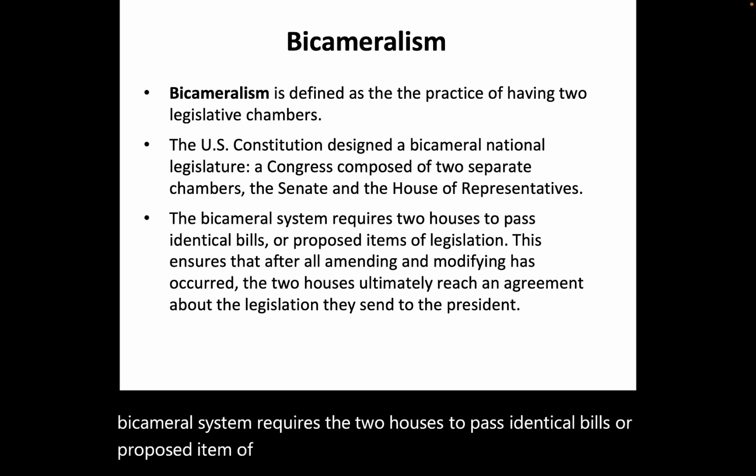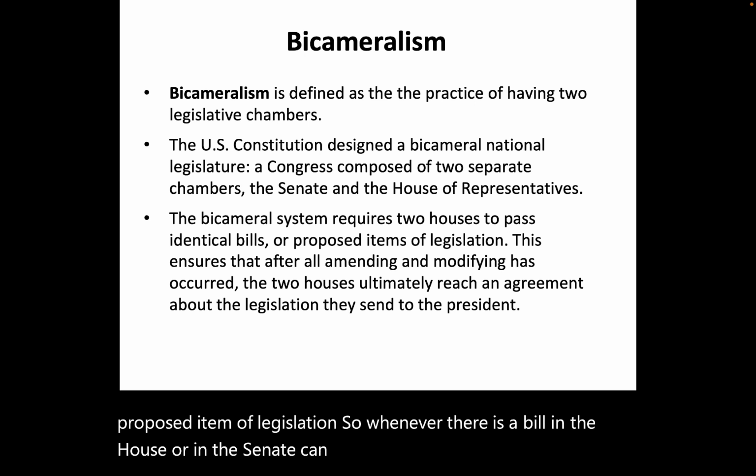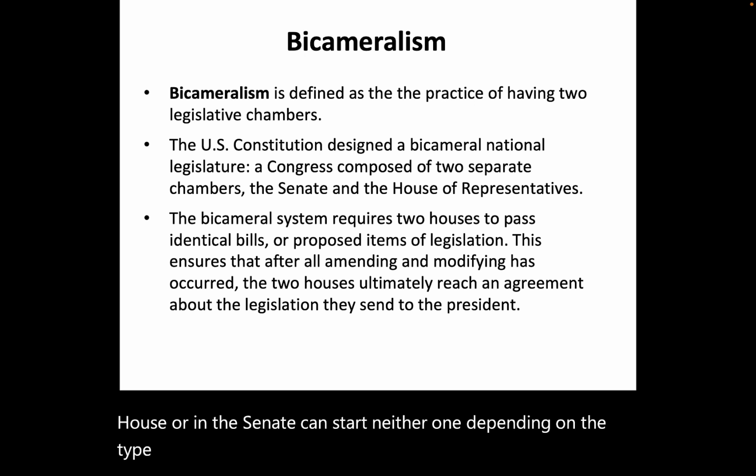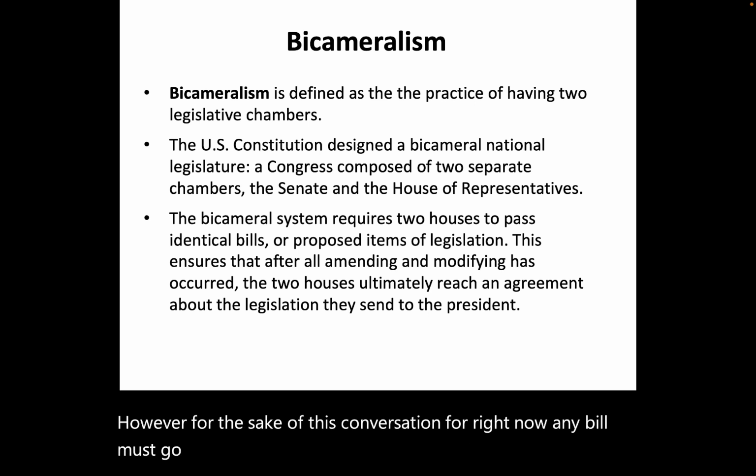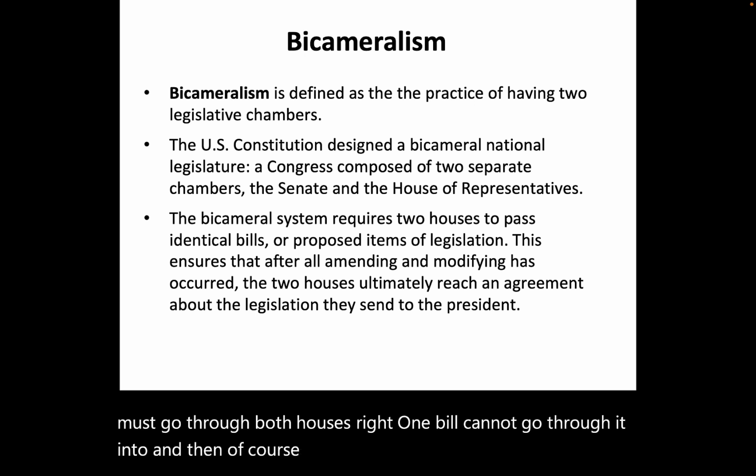Whenever there is a bill, you can start in either one, though depending on the type of legislation, one has to start in the House of Representatives. However, for the sake of this conversation, any bill must go through both houses, right? One house cannot pass it alone and then the president signs it to become a law.